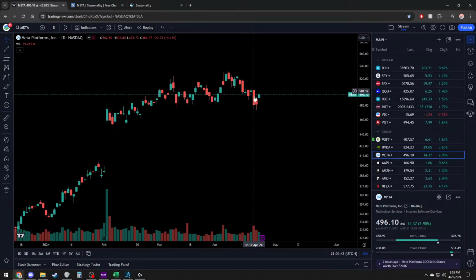But I didn't. Meta popped up good right on the turn of the month, and it came back down a little bit. So we'll see how Meta goes. Meta's definitely looking better than Microsoft right now. And also Meta's got their earnings tomorrow. So this week is all big for tech.